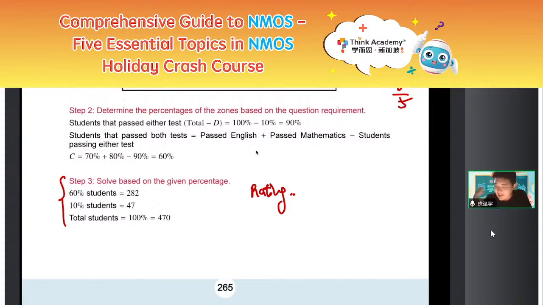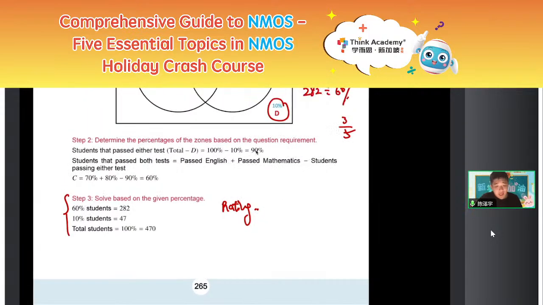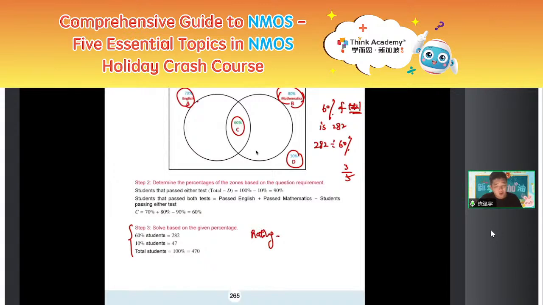Let's see, what is the rating for this question? 1, 2 or 3? I'm happy to see that a lot of users rated it 1. So as long as you draw the diagram correctly and label the information on your diagram, this question should be okay for you.